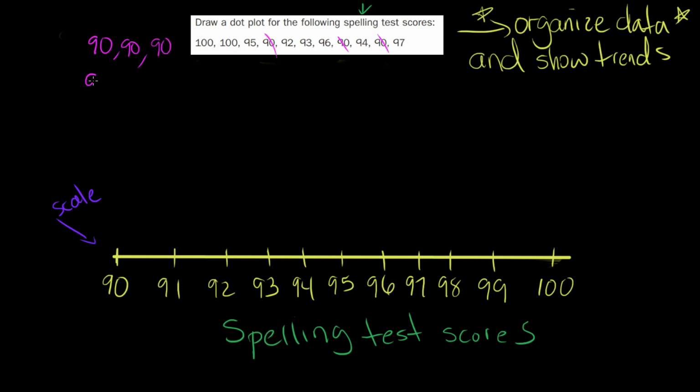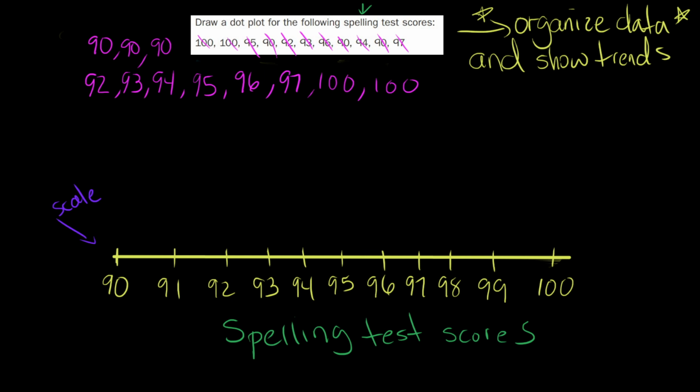We have 92, 93, 94, 95, 96, 97, and then two 100s. Okay, so we have all of our numbers now in order from least to greatest.